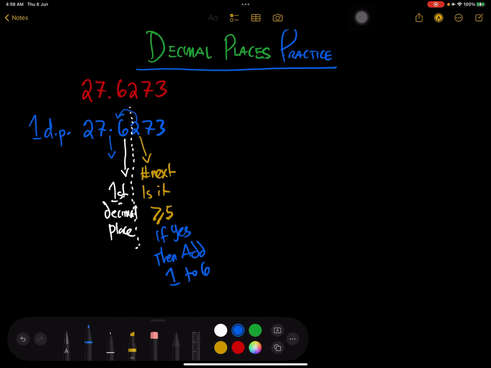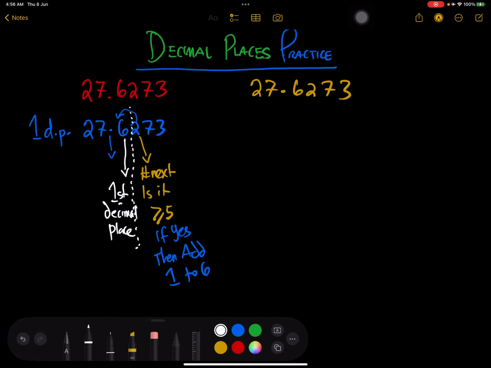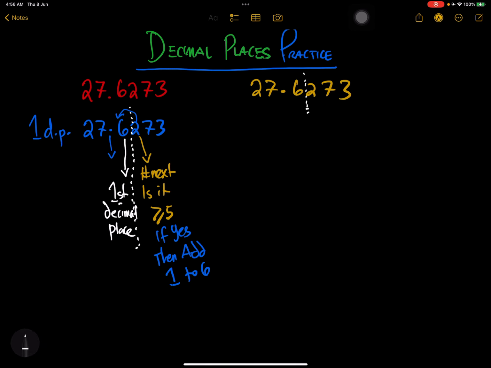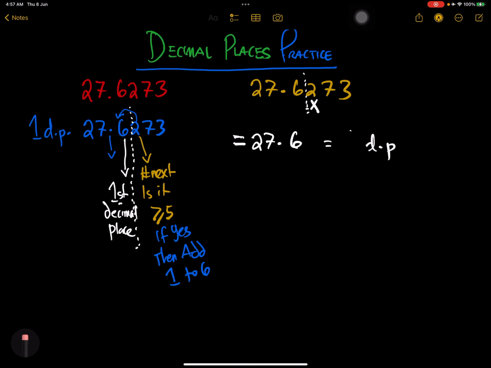But guess what is happening? We do not have that. In 27.6273, the first decimal place is here, and the next number is not 5 and it's not more than 5. So the answer is going to be equal to 27.6, so that this answer is in one decimal place.